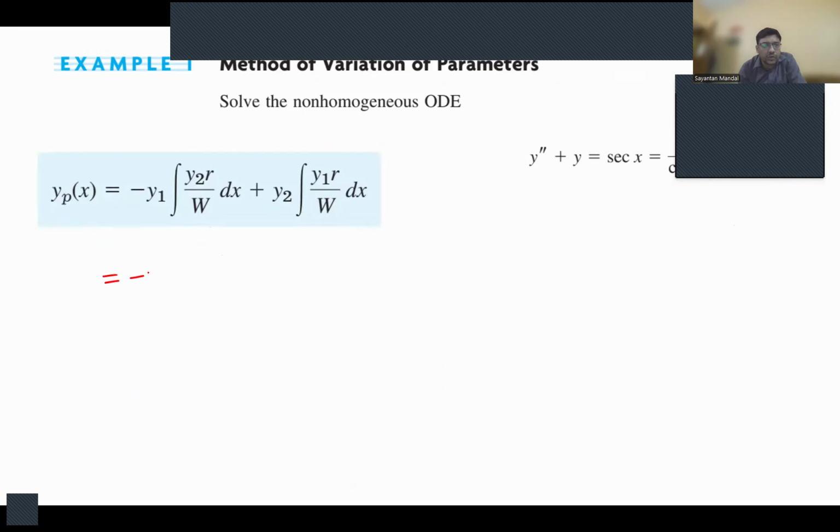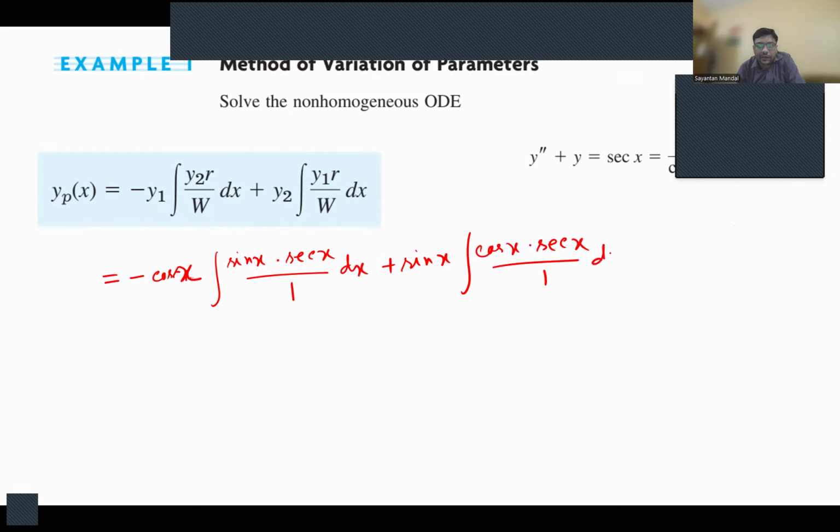So this is equal to minus cos x into integral of sin x, r is your sec x, by w is 1, dx, plus y2 is sin x into integral of cos x into sec x by 1 dx.